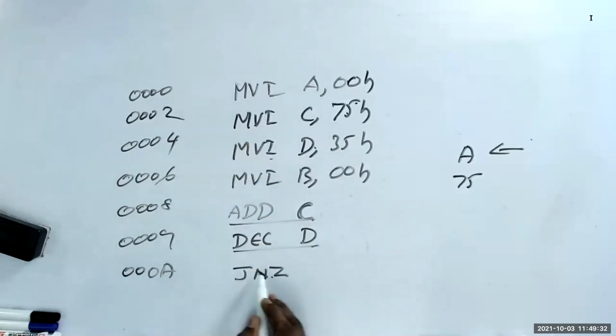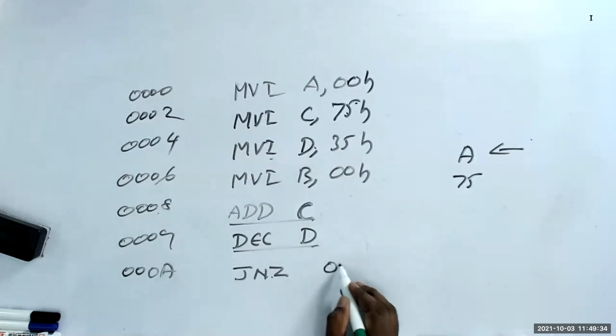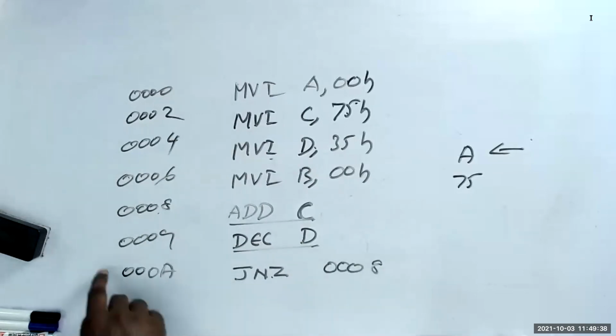Now jump if 0 to where? I'm going here. But it keeps on doing this. There's one problem here when I do this. What is happening now? When I'm adding the C and adding the C, I am doing 75 plus 75.